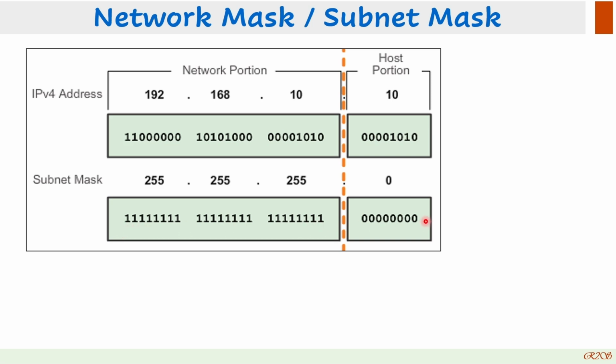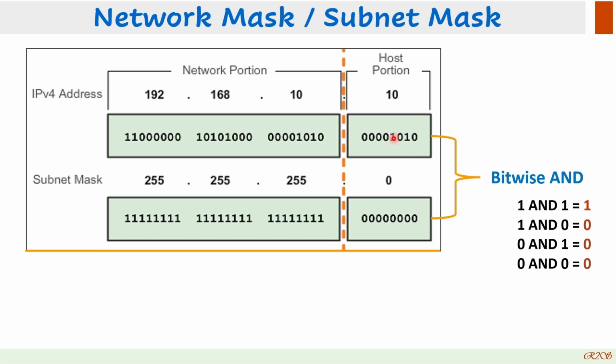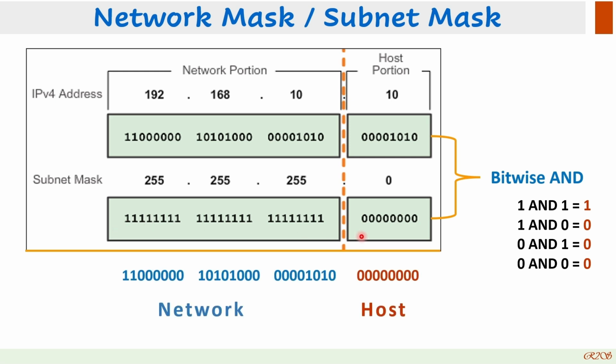So what does the computer actually do? The computer does the binary AND operation between the IP address and the subnet mask. When they do this bitwise AND operation, they get these numbers, right? This part they identify as the host part, and this part, which is all 1 in the subnet mask, is considered the network part.